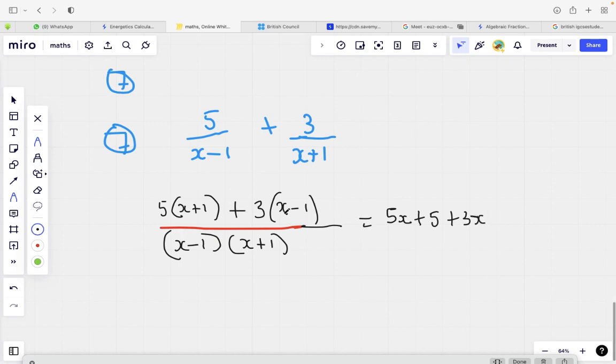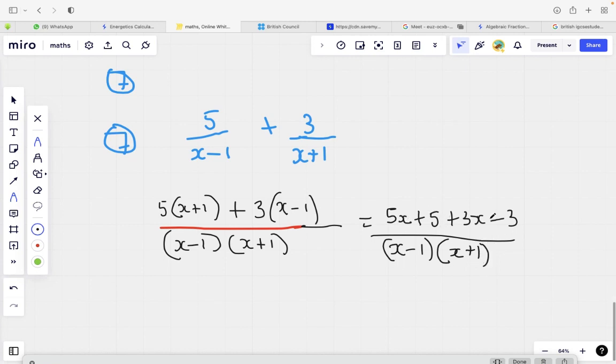Then we have plus 3 times minus 1, we have minus 3. All over, just write the denominator. You don't need to do anything to it. Just write it the way it is.